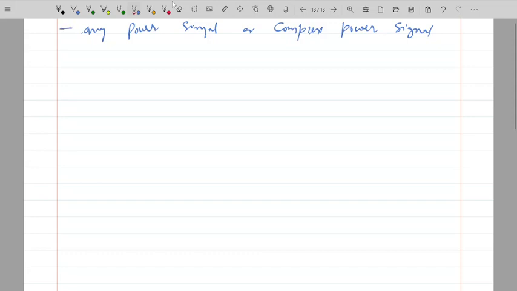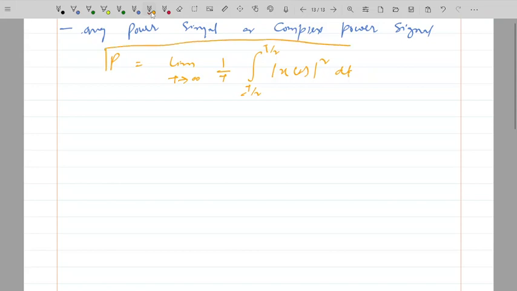So here the power P will be equal to limit T approaches infinity 1 by T, and here the only difference is x square t changes to the magnitude of x of t whole square, integral from minus T by 2 to T by 2, dt.